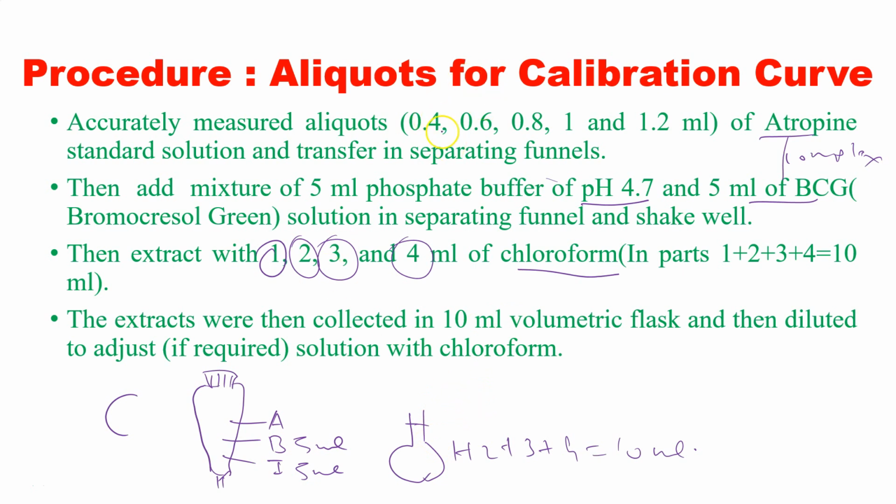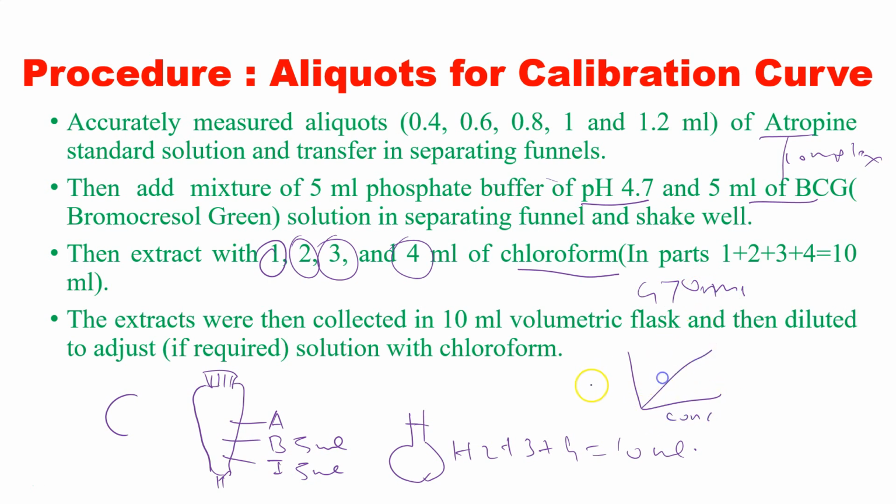So there are 5 aliquots: 0.4, 0.6, 0.8, 1 and 1.2. Now we need to find out the absorbance at 417 nanometer, as we have discussed in the principle, and then we will get such a calibration curve.